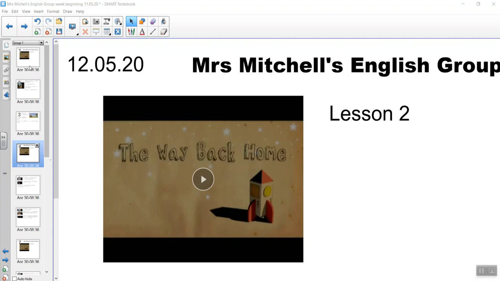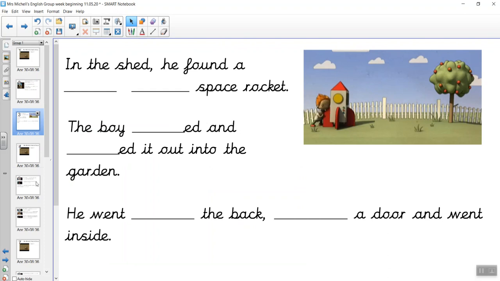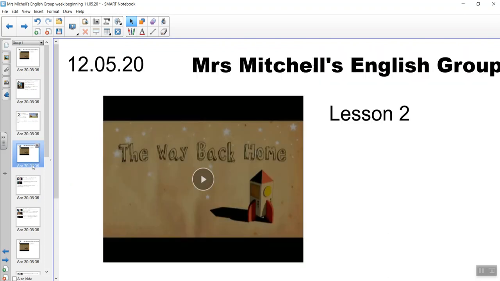If you remember, yesterday we wrote about the boy finding the rocket and climbing inside. Today we're going to write about the boy going into space and landing on the planet. Let's just remind ourselves of the story.